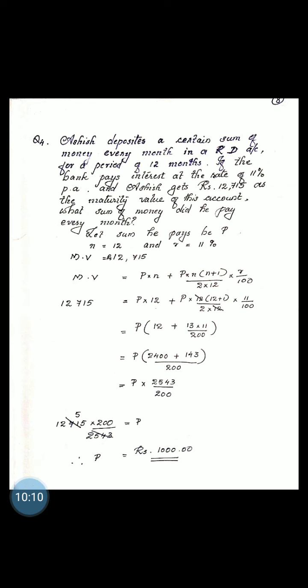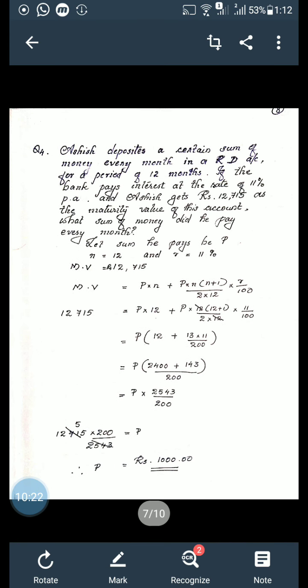Now we can see what is given. Read that question once again. You can see period of time is 12 months. It is directly given as the number of months, that is 1 year anyway, but the number of months is 12.